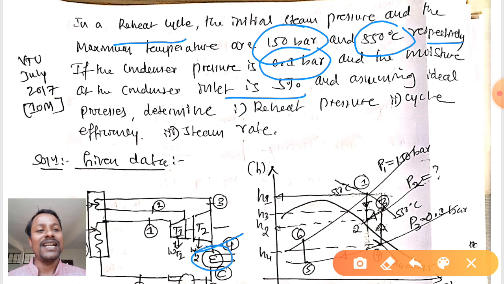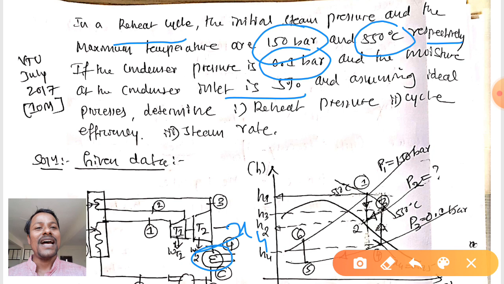So, at the condenser inlet the dryness can be written as X4, which he has given as 0.95. Here moisture means wetness is 5%, so 95% is dry. Therefore, X4 I am writing as 0.95.